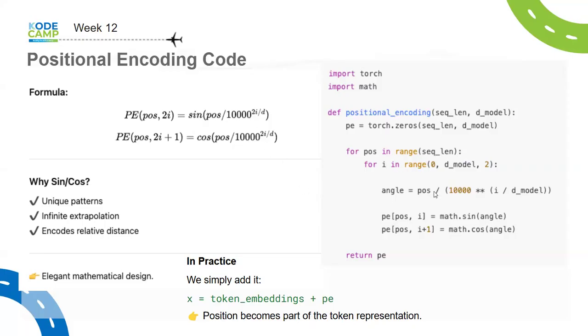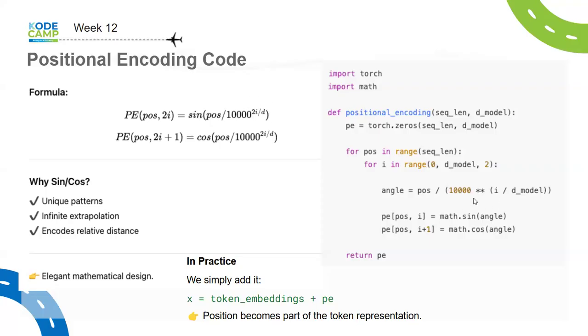So this function here basically does this formula in code. Position divided by 10,000, which is basically position divided by 10,000 raised to the power 1 over d_model. So d_model is the depth of the embedding, right?